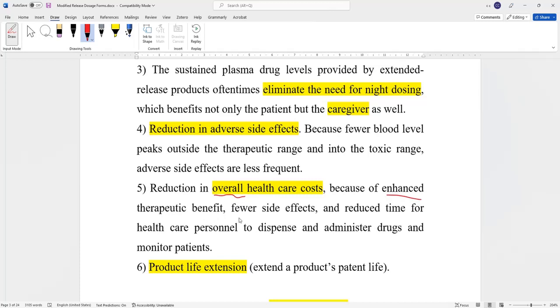You're going to have fewer side effects, a better therapeutic effect, and fewer side effects, and also reduction in the time spent by the nurse or healthcare personnel to dispense and administer the drug, and also to monitor the patient. All these are reduced. That's why we say overall.